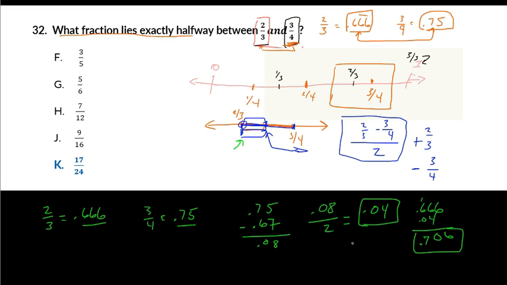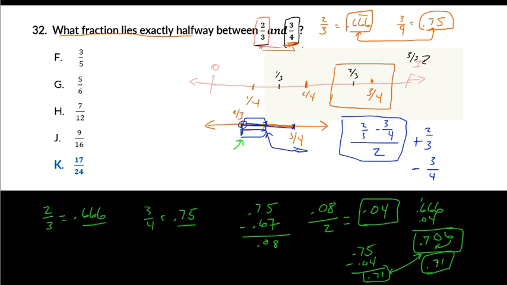We could also start at 0.75 and subtract 0.04, and that takes us to 0.71, which is the functional equivalent. If we round, that 6 turns that into a 1. So really both of them are 0.71 is the halfway mark.